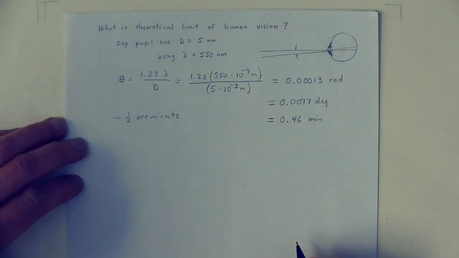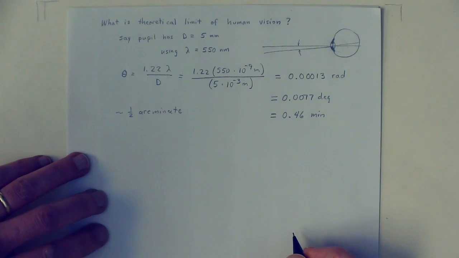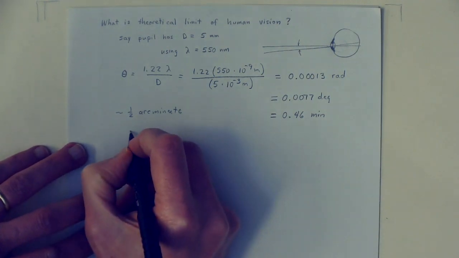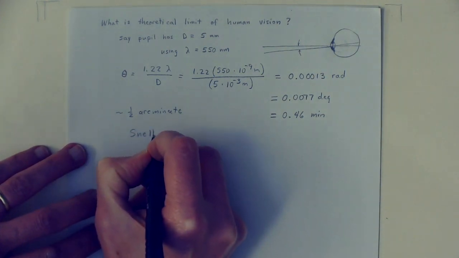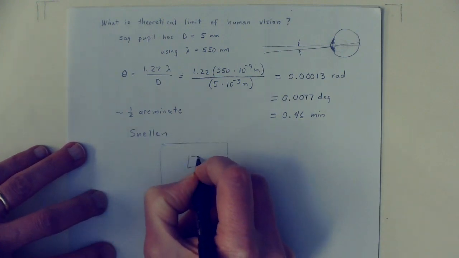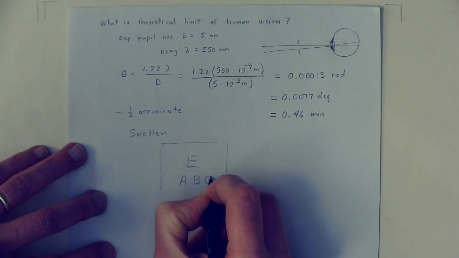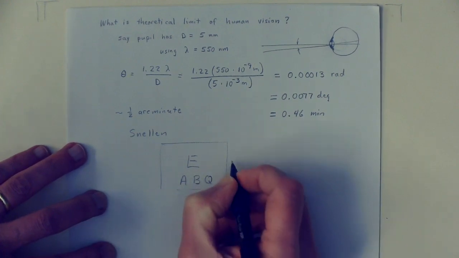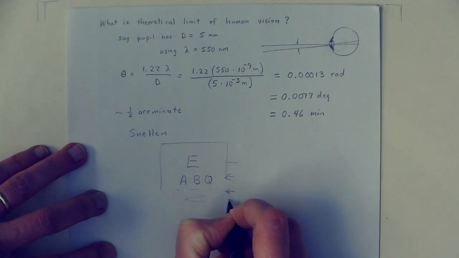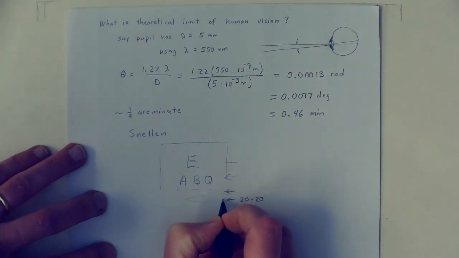You might wonder, how does that compare with actual vision? Well, if you go by the Snellen eye chart, surely you all have been subjected to this. This is the thing with the great big E on it, and then A and B, Q, and a bunch of letters on down the line. And each line corresponds to different levels of vision. And somewhere down here is the 20/20 line.